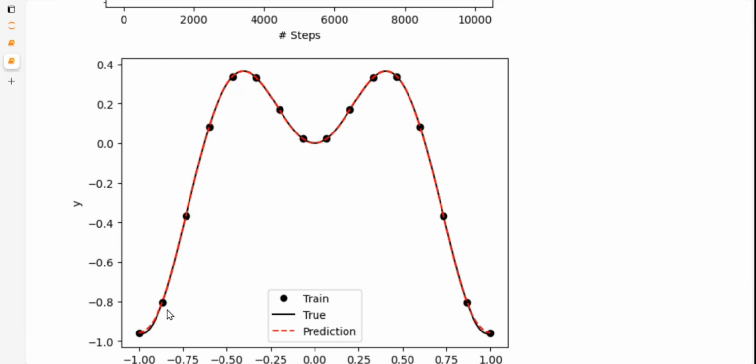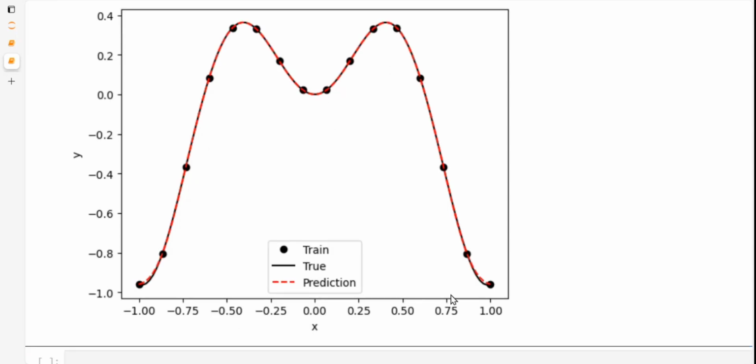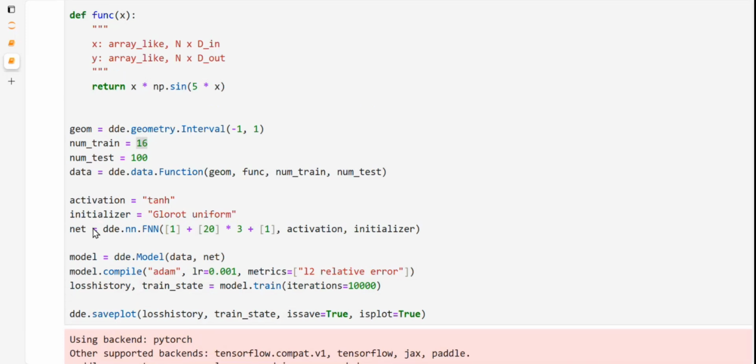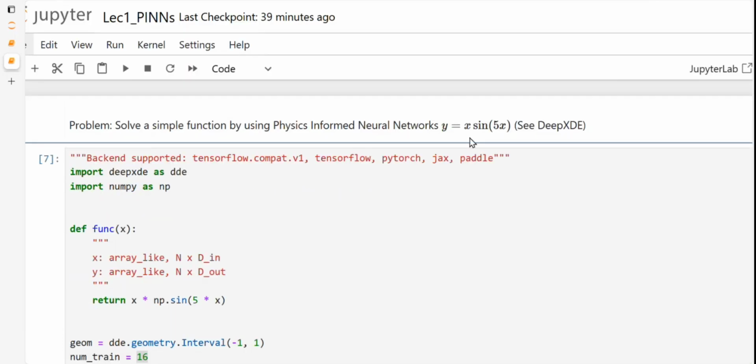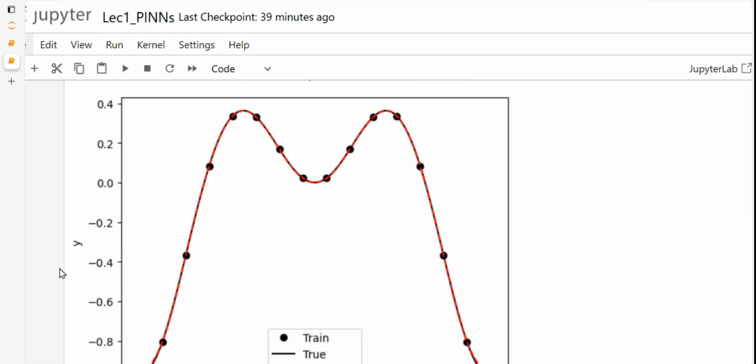One is the training data points. You can count them: 1, 2, 3, 4, 5, 6, 7, 8, 9, 10, 11, 12, 13, 14, 15, 16. The domain is from -1 to 1, and y is your function, the function we are working on to find with PINNs, physics-informed neural networks.